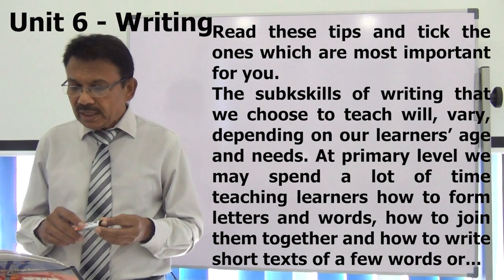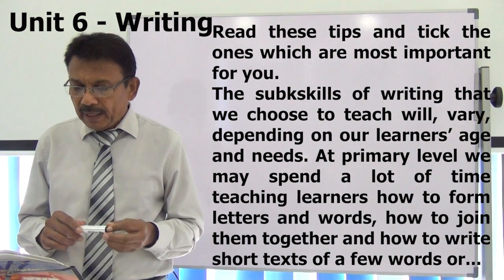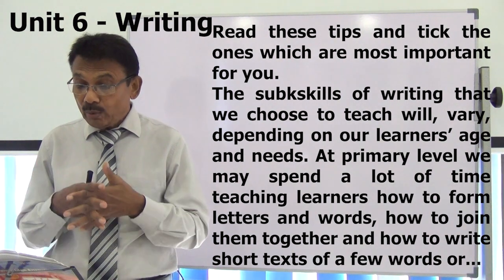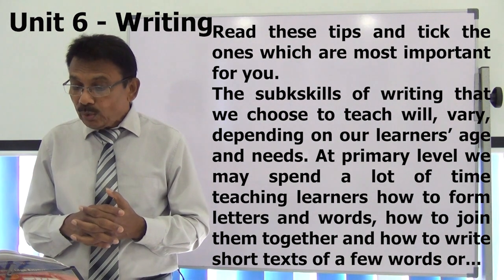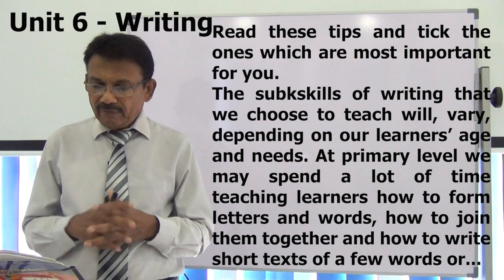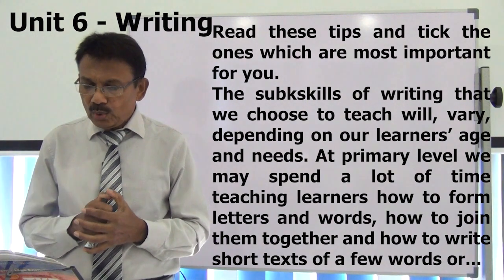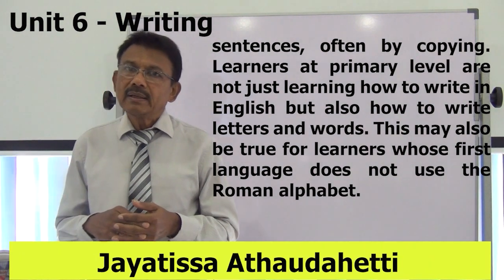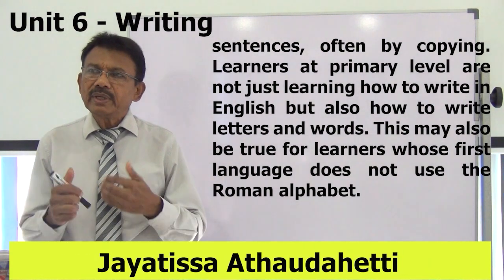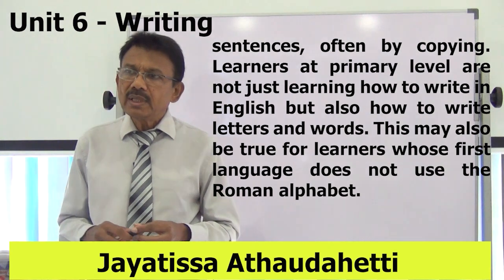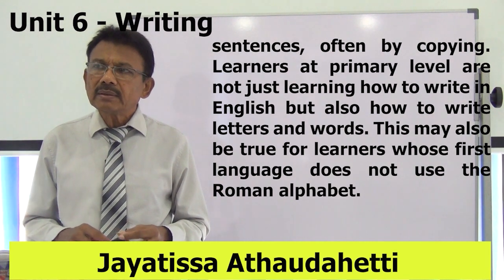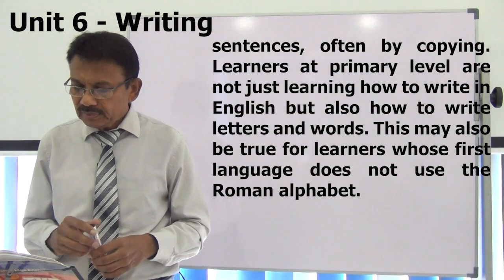So those are the things that we do at primary level. How to form letters and words, how to join them together, and how to write short texts of a very few words or sentences, often by copying. So at that level, we often copy. The students of course do it by copying, right?